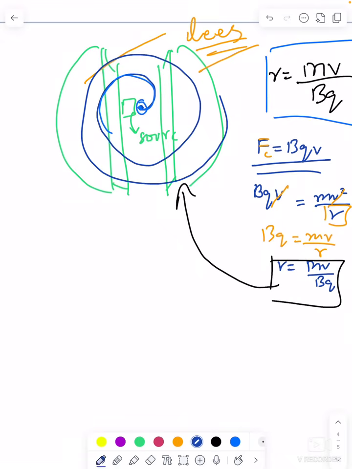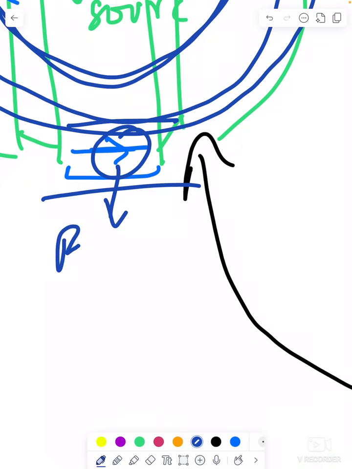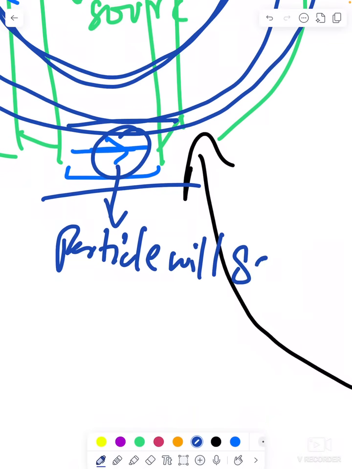Now when it's increasing in radius, we say that in between the Ds is where the particle will gain energy.